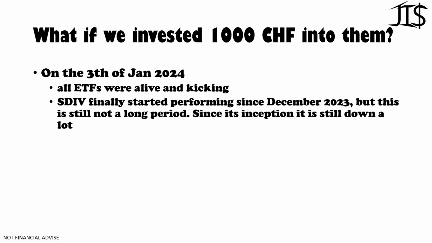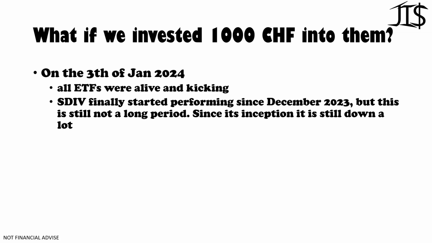Before that, they only went down, so they were around minus 33%, minus 34% around the end of October, but since then they are rising, so that's quite nice to see for investors into SDIV. But it's still not a long period, of course, only half a year.